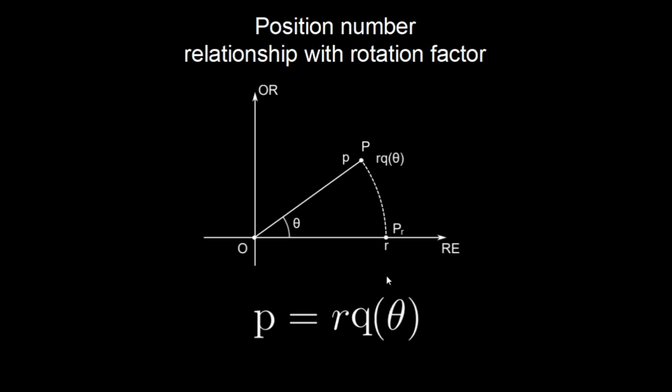In this figure, RE is a real number axis. OR is the axis that's orthogonal to the RE axis. O is the origin.